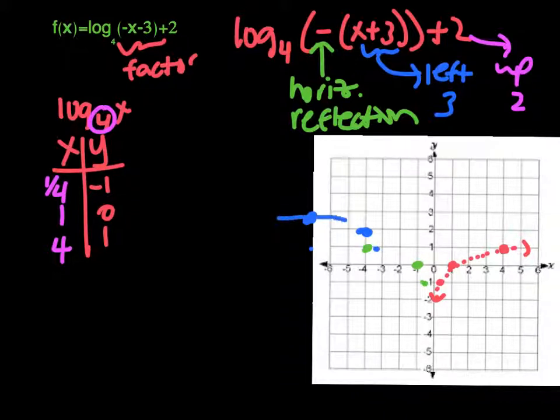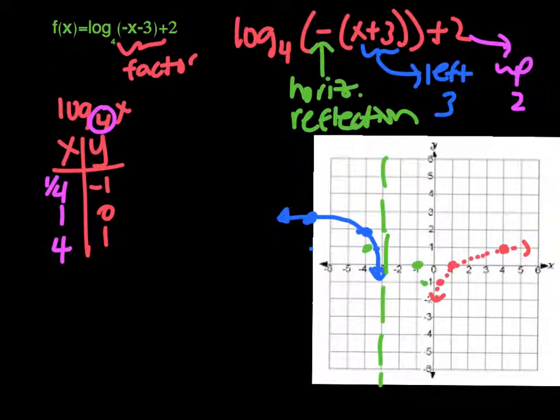So my graph is right there. You may have noticed that my asymptote was originally right here at x equals 0. When I did the reflection, it stayed at 0. But when I moved left 3, that's going to move my asymptote over to -3.